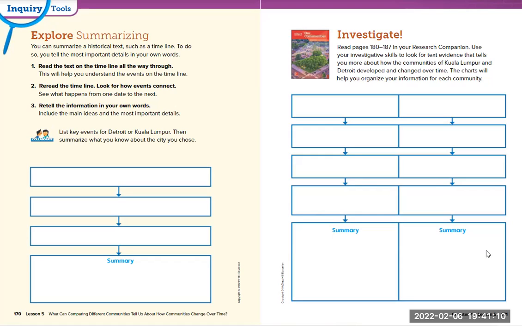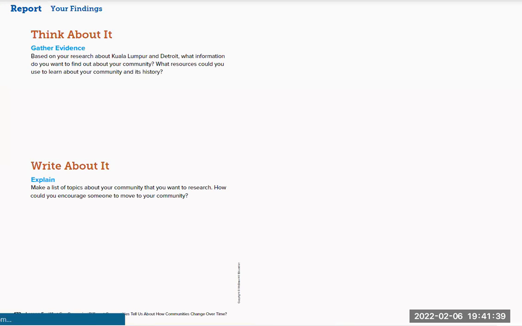Then I would put that the Dutch, Portuguese, and British settlers came to start colonies and do trade as my third sentence. And the last sentence I would put would be about how Kuala Lumpur was created by early Chinese settlers looking for tin, or early Chinese miners looking for tin.